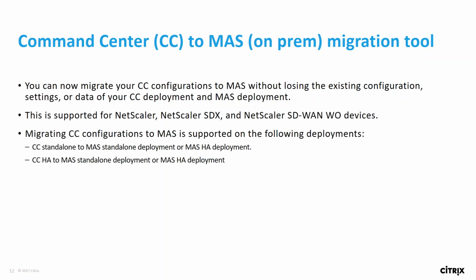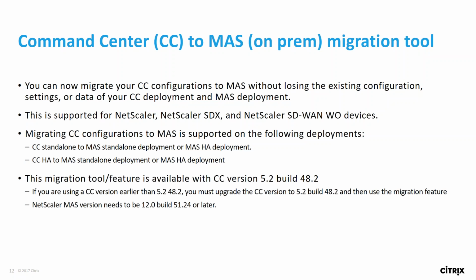If you were to migrate your configurations from Command Center to MAS, please note that these are the deployments which we support. You can migrate a CC standalone to a MAS standalone deployment or MAS HA deployment. And you can migrate a CC HA to a MAS standalone or a MAS HA deployment. We also have some limitations on the version which would be supported.